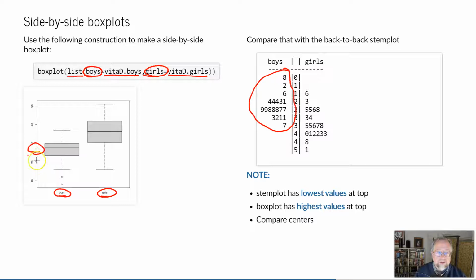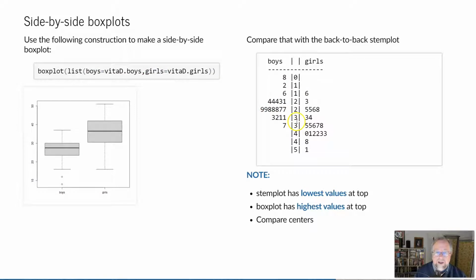Here's the 20s. And here's the 30s. But again, you can directly compare and see quite quickly that the distribution for the vitamin D levels in boys are different than the distribution for the vitamin D levels in the girls, and their centers are different, and the spreads are even different, and it's a little more quantified here.